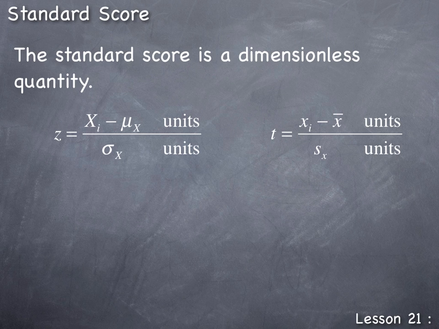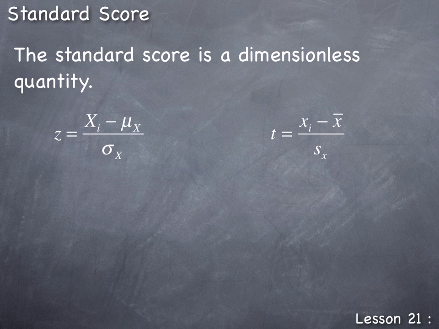So the numerator will have the same units, whether it be inches or pounds, and the denominator has the same units, inches or pounds. So when you take the same unit divided by the same unit, that is, the same quantity divided by the same quantity, it always equals 1. And 1 times any number always equals itself. So the standard score is a dimensionless quantity.